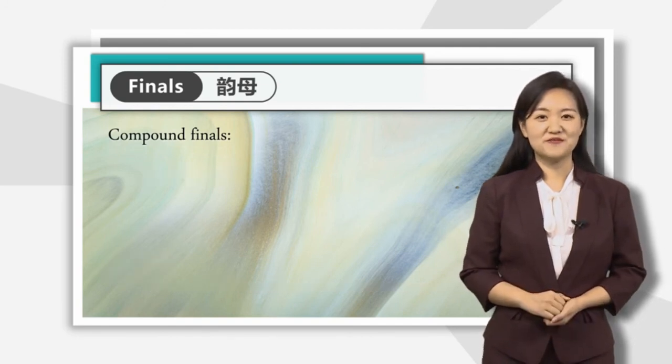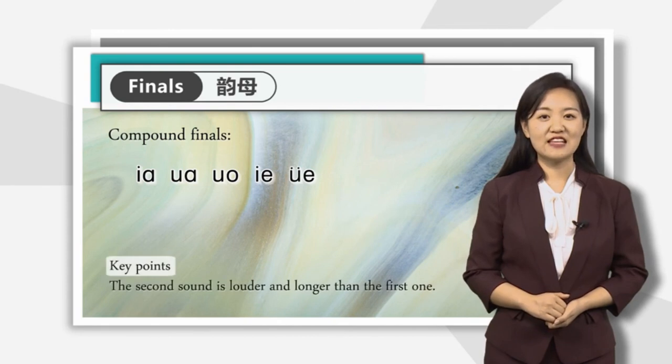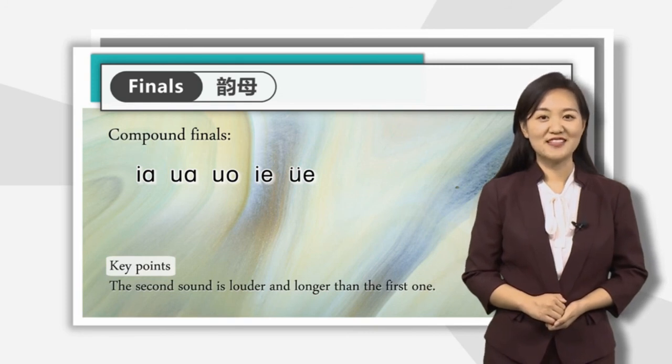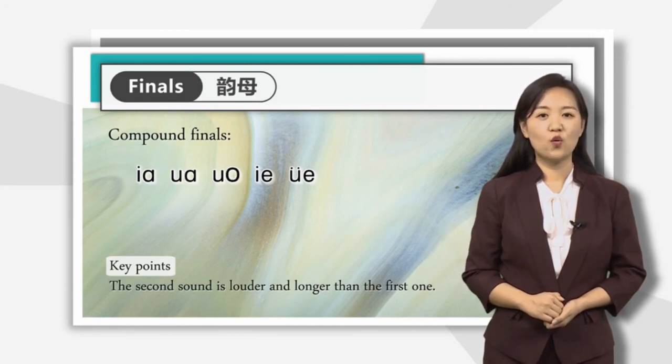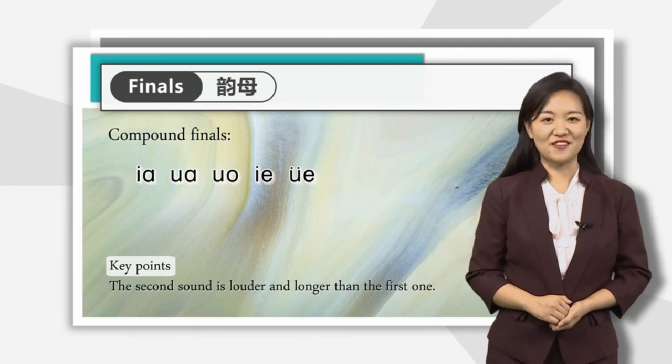The next group, ya, wa, wo, ye, yue. When pronouncing these finals, the second sound should be louder and longer than the first one. Read after me. 跟我读。呀，哇，窝，耶，约。Very good.